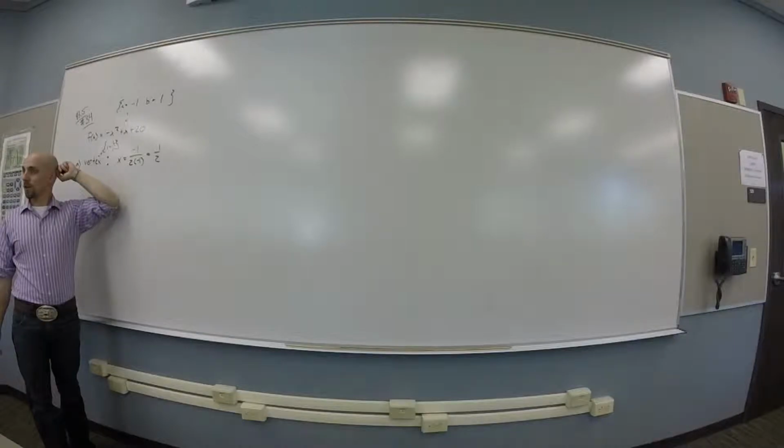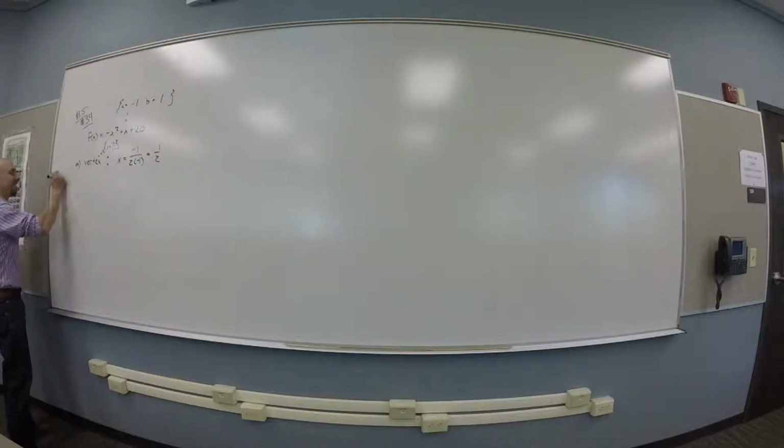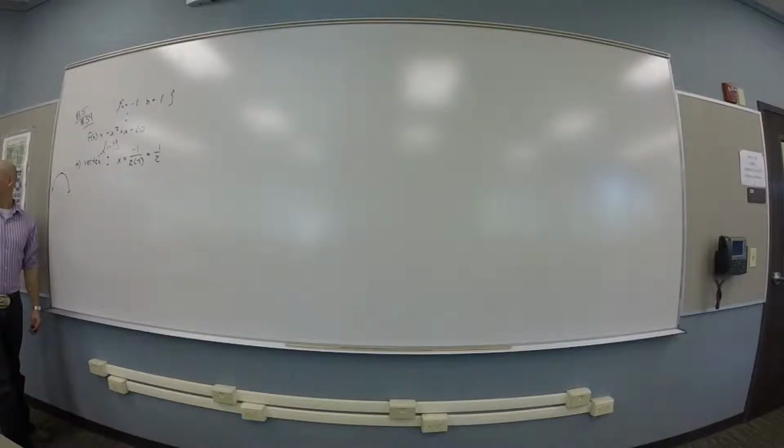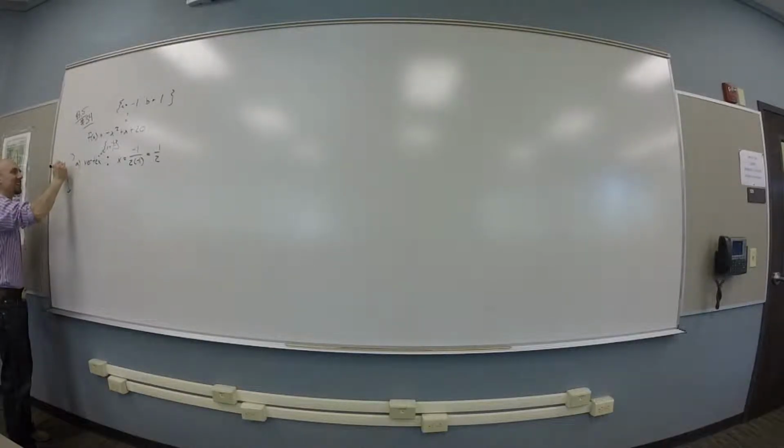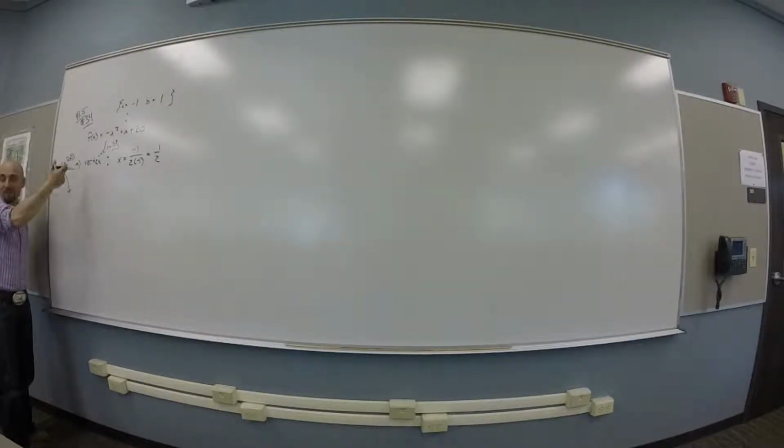Correct, because this is a point on the graph, so it's an x, f of x pair. So if the x is a half, then the other coordinate had better be f of a half. You guys with me on that?